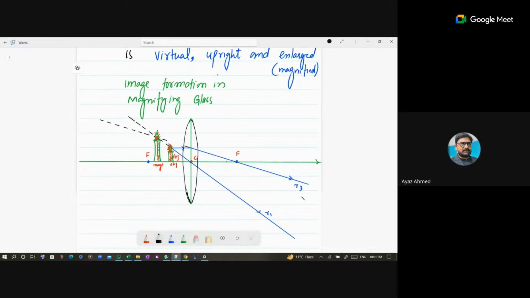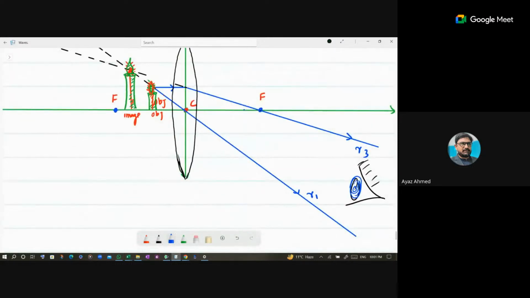So here is the observer. When the observer will see that, the observer will see, oh, it is a magnified image, right? Is it clear to you? This is a magnified image. So this is the way when you place this magnifying lens over here.